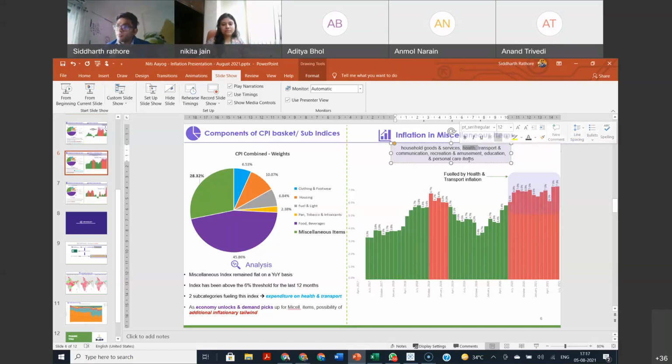However, on the contrary, because of the excess liquidity in the system, and because there will be substantial herd immunity, people will start coming out of their homes, going to offices, and life will perhaps start to normalize by the fourth quarter of this fiscal. Then we might see an additional tailwind towards inflation because of factors like recreational, amusement, personal care items. All of these factors, household goods and services, might then create a demand side to inflation, which should be taken care of at that point of time.